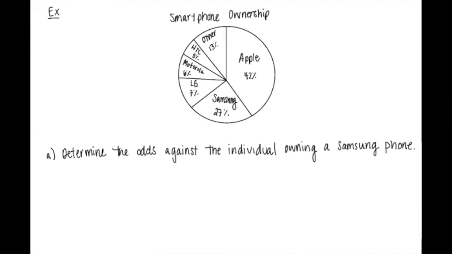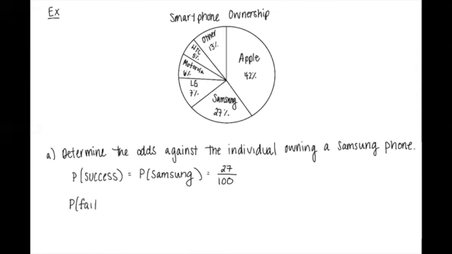Okay. So we've got percentages, we want to turn them into probabilities. So in total, there's 100%. So our probability of success is the probability that the person owns a Samsung. 27% of people do. So this is 27 out of 100.